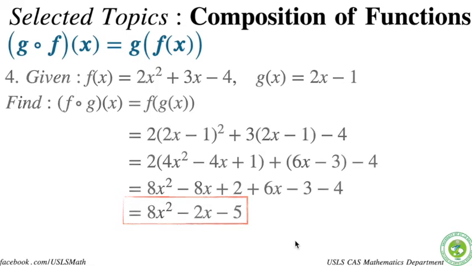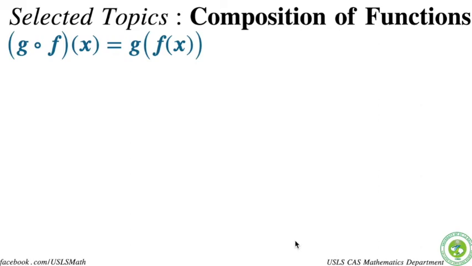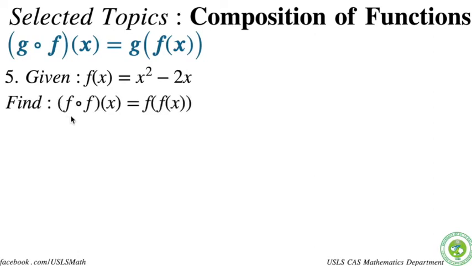Okay, for our last and final problem in this video, hopefully you're getting the gist of what composition of functions are now. And now we're only given one function. F of x equals x squared minus 2x. And we're asked to find f circle f of x, or that's f of f of x.